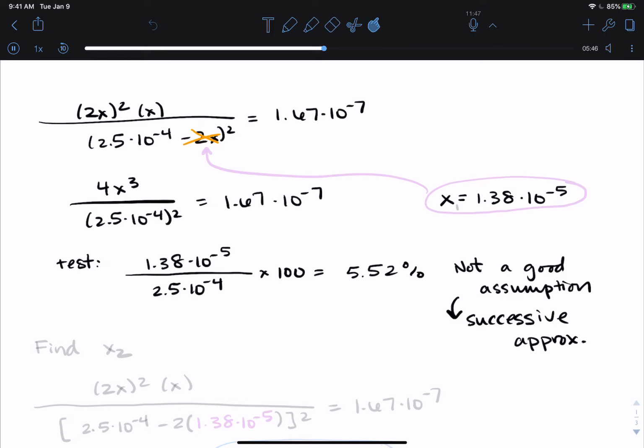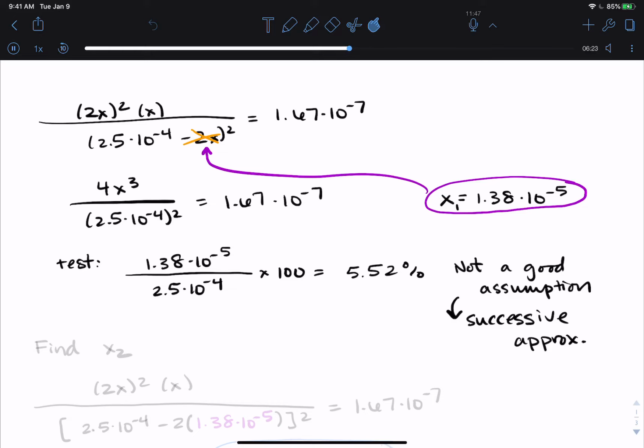So what I'm going to do, I'm going to now label this x1, and let's get this circled in a color, and we'll go purple. So this is my starting point for approximating what x would be. And I'm going to take this x value and plug it in to the point where I had removed x from the equation, and then I'm going to solve for my x cubed again.